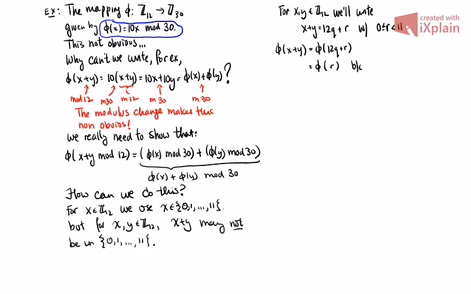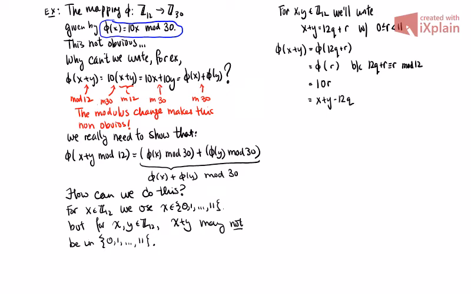This is because 12q plus r is congruent to r mod 12. Now, this r is now simply between 0 and 11. When we take phi of it, we'll get 10r. That's awfully nice, right? Now, r again now, if I solve for r is x plus y minus 12q.